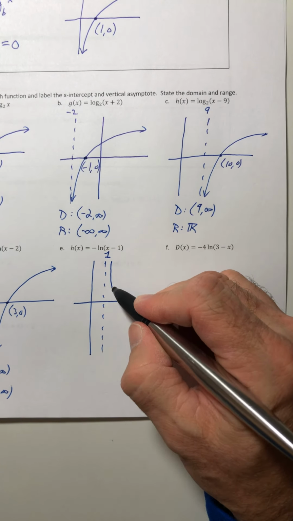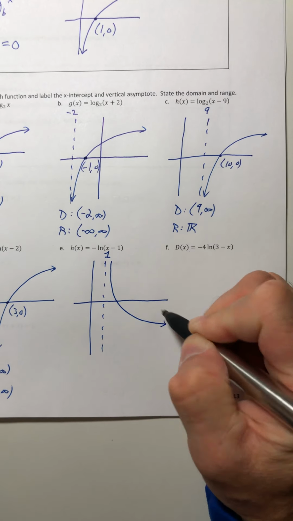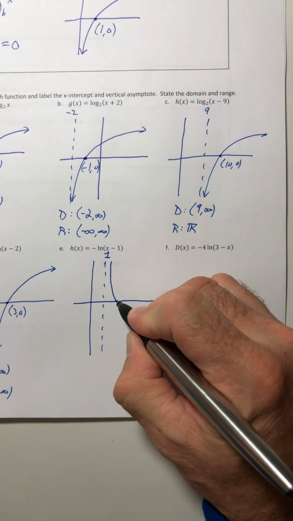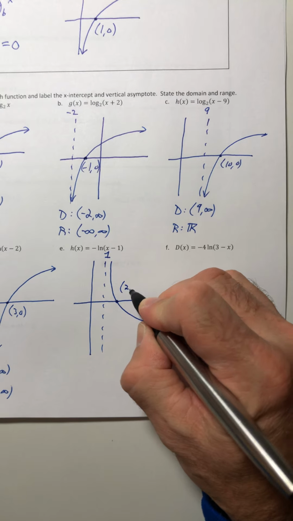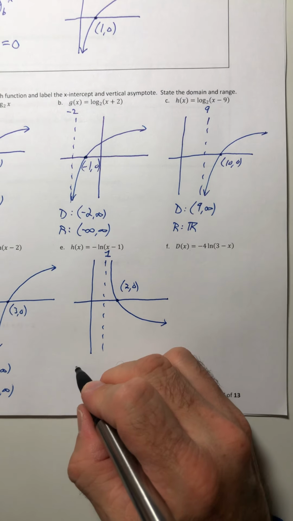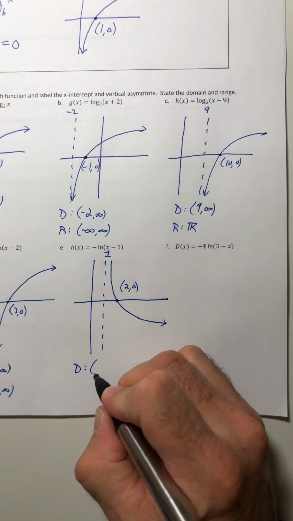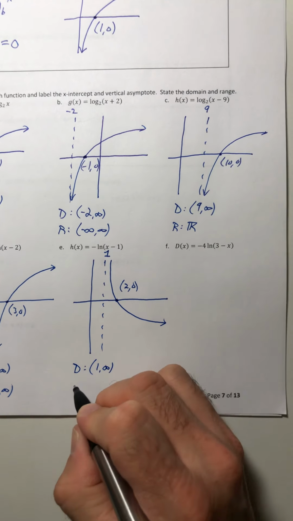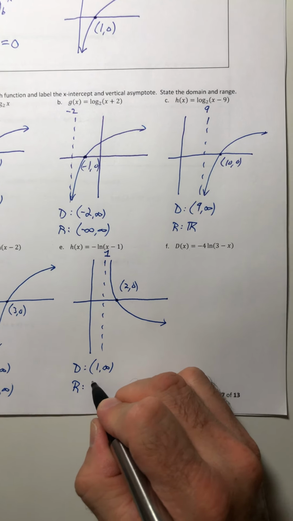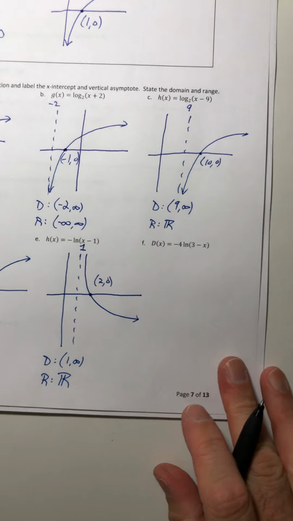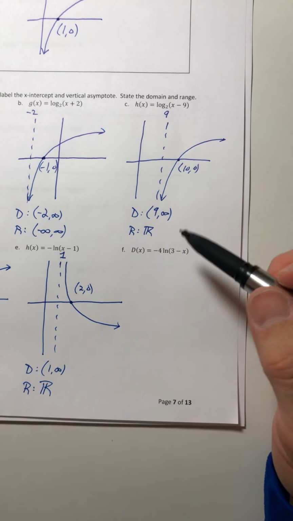And the curve is upside down, so it's going this direction. Right at 2. Range is all reals. Domain 1 to infinity.